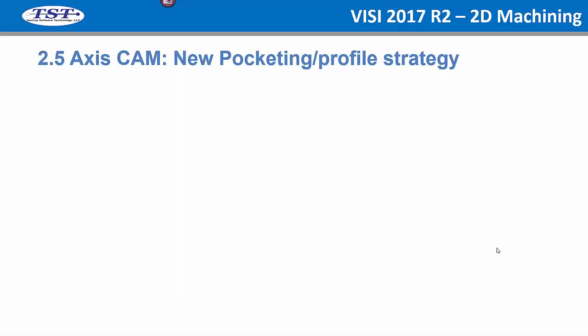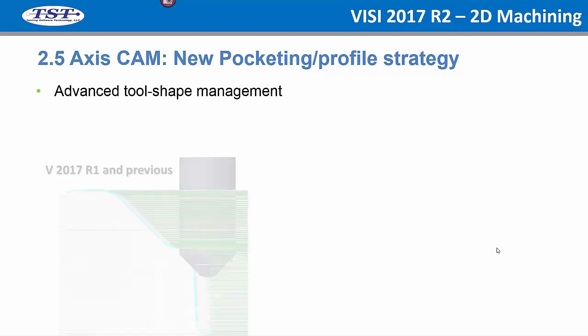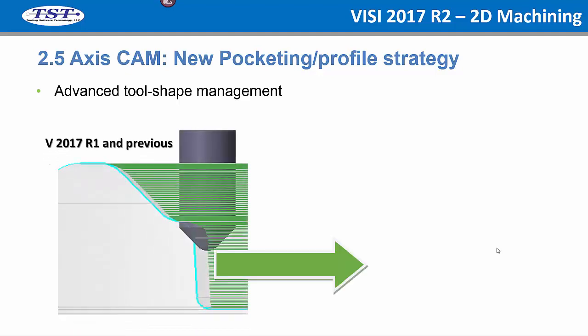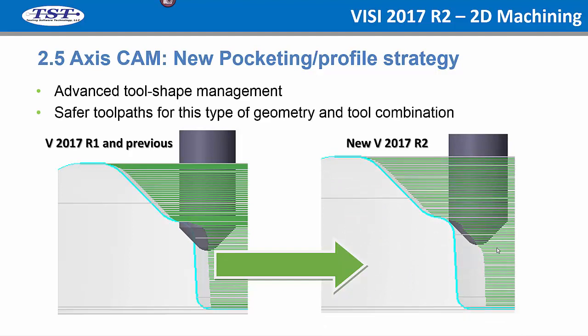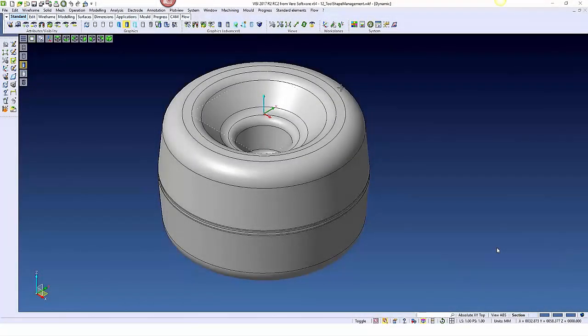So let's take a look at the 2.5 axis cam and profiling, or pocketing and profiling strategies. For R2, we have obviously even better advanced tool shape management. So it's constantly getting better on some of this, especially with those complex pockets, for some safer toolpath for that kind of cut. So let's take a look at what that actually means on this example.